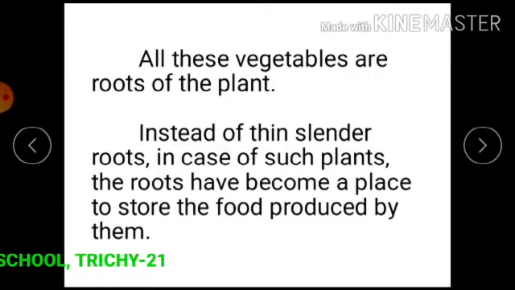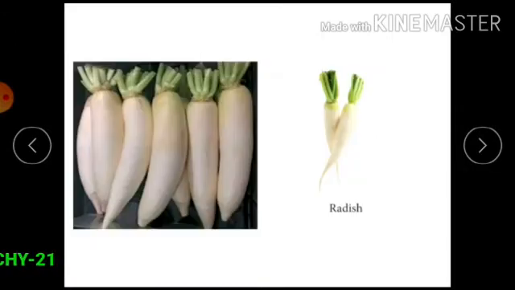Instead of thin, slender roots, in case of such plants, the roots have become a place to store the food produced by them. This is radish. They are thick and swollen.